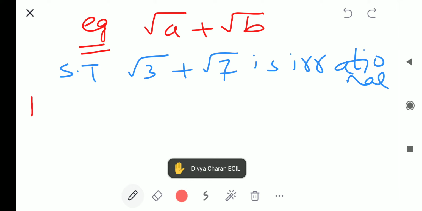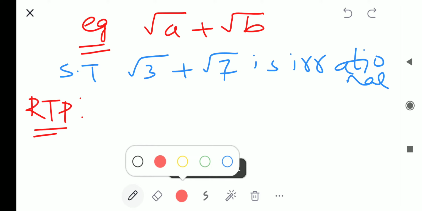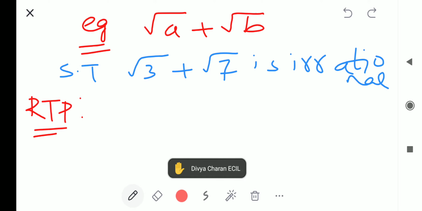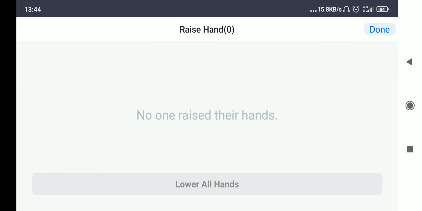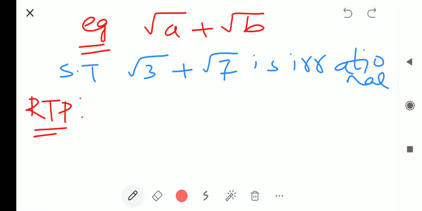And in the solution, what is RTP, children? I should prove root 3 plus root 7 is irrational.